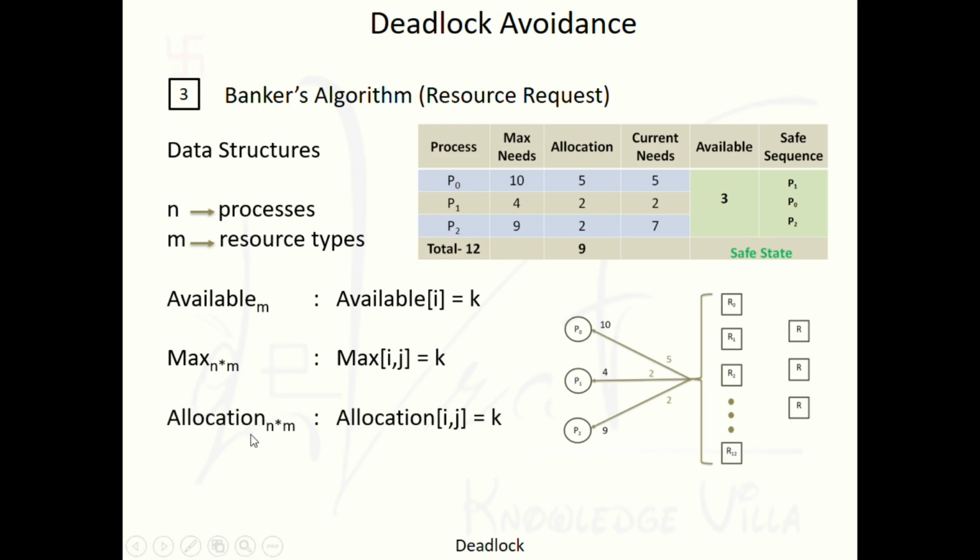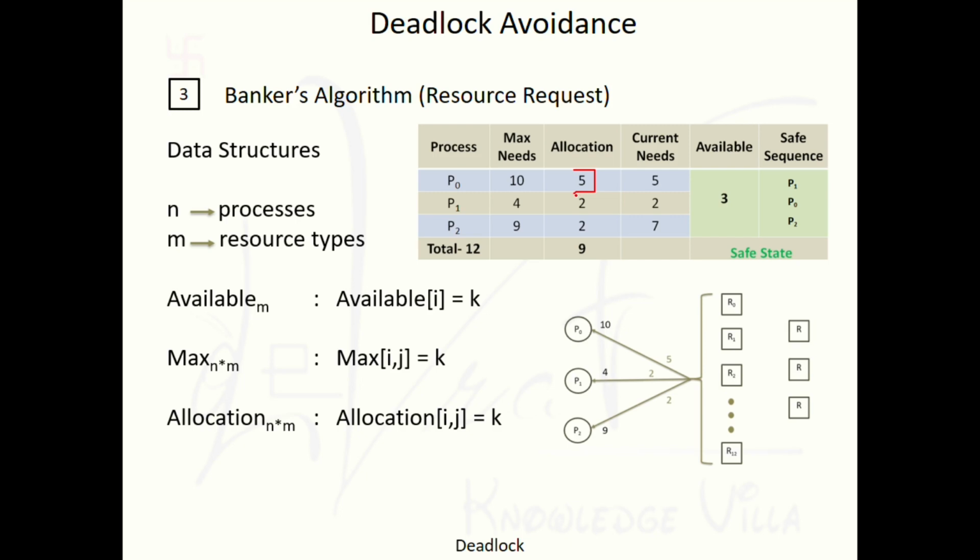Next thing is Allocation, n cross m, Allocation[i][j] is equal to k. So again, how many resources are going to be allocated? Here you can see in the allocation table, for the process P0, total 5 resources are allocated.